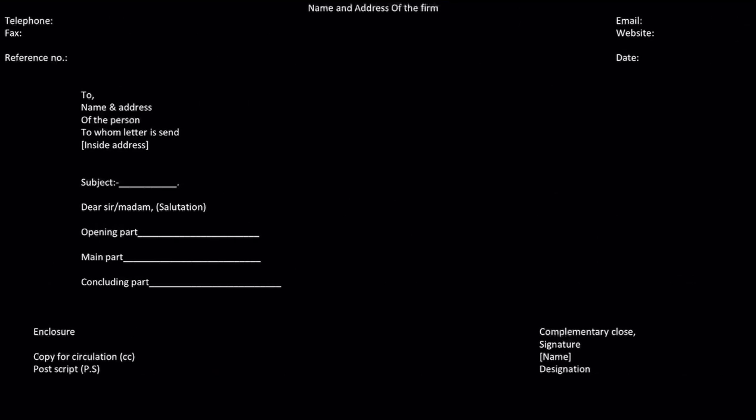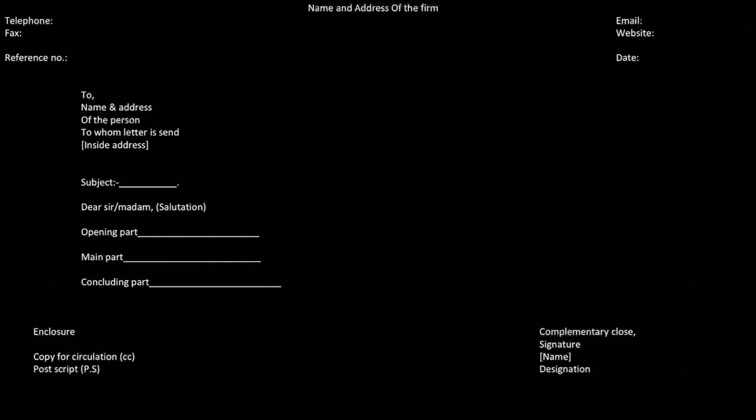After salutation, next is the main part of the letter, that is you start writing the letter. So first is opening part. In the opening paragraph, you may have to give reference of your previous communication. Then comes main part. In the main part, you have to write about the main subject matter of the letter. That is what the letter is about, what you are trying to convey. All these things should be written in main part.